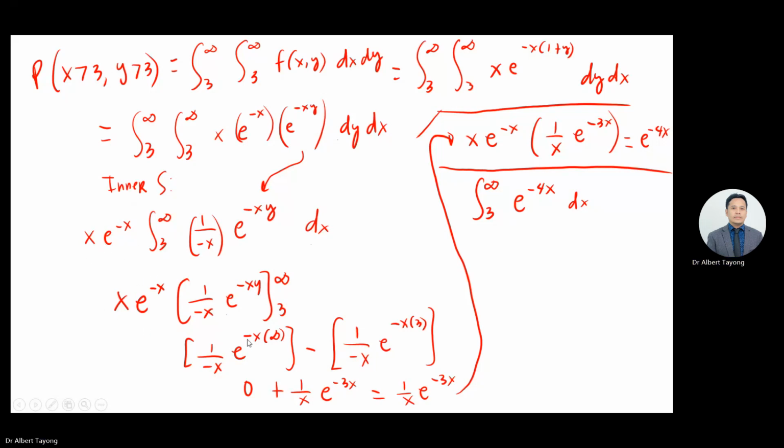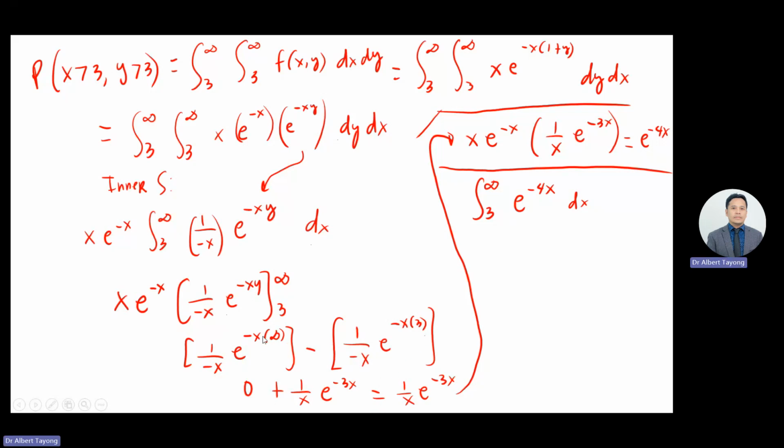So we replace the y with infinity. That is negative x times infinity. So x is any value, and negative infinity is the exponent of e, which is going to be 0. And minus, this is always minus in the middle, the lower limit, 1 over negative x times e raised to the power of negative x times 3 here. That is our y.